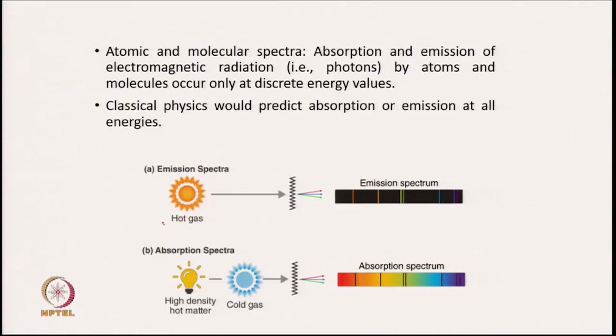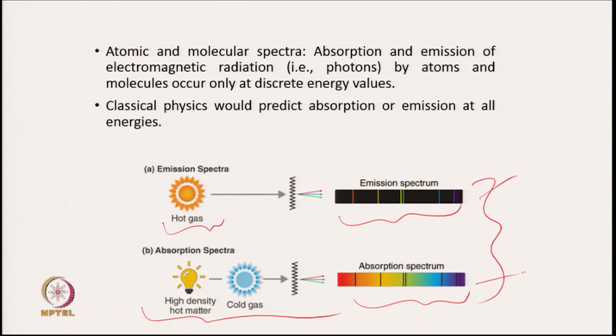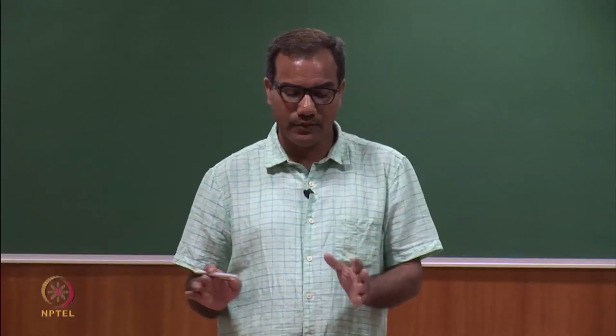And so what we have seen is that in emission spectra, particularly line spectra, if you take a hot gas, it will show you a line emission spectrum, and if you take light and pass it through a cold gas, you will see an absorption spectrum. In both these cases, line spectrum and absorption spectrum, absorption and emission happen at discrete energy values.